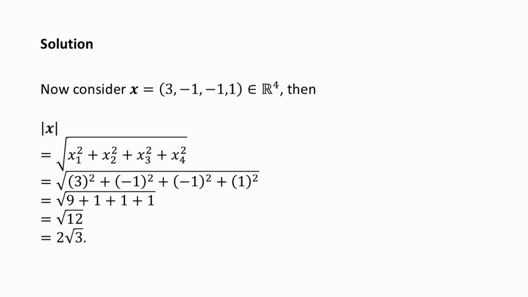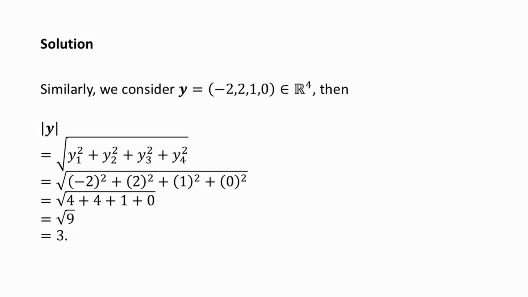It equals the square root of 3 squared plus (-1) squared plus (-1) squared plus 1 squared. So it equals the square root of 9 plus 1 plus 1 plus 1, which is the square root of 12. And so the answer is 2 square root 3.